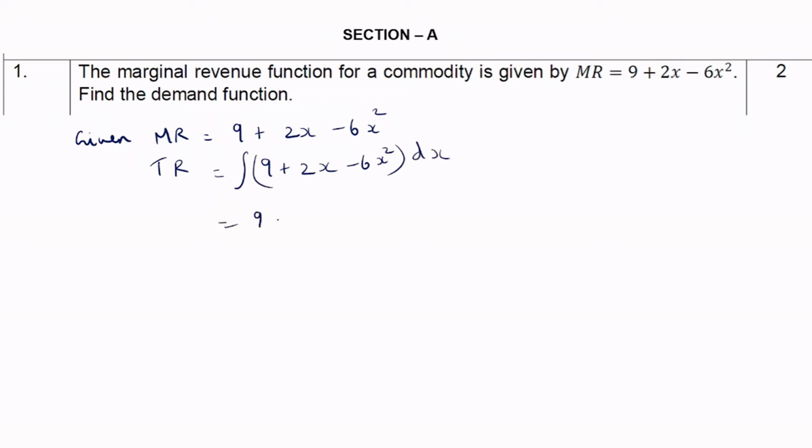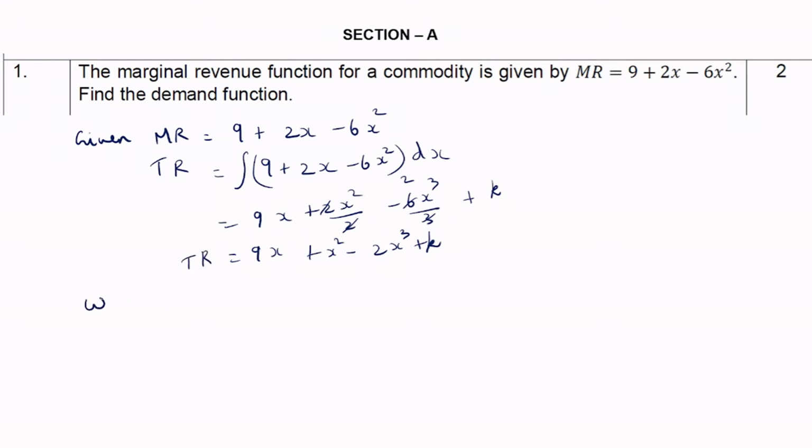So this is equal to 9x plus 2x square by 2 minus 6x cube by 3 plus the constant of integration k. So this is equal to 9x plus x square minus 2x cube plus k. So this is the total revenue function.